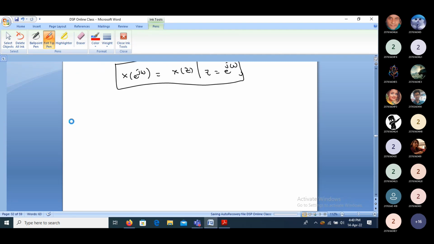All of you just note down the example problem. If you solve the problem clearly, definitely you get clarification on all these applications.